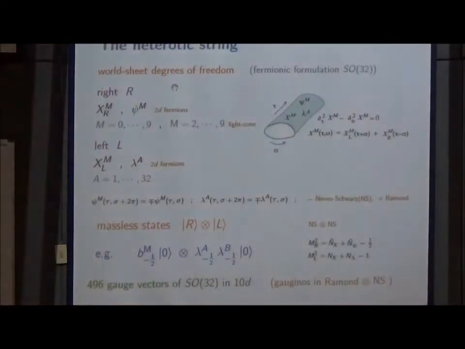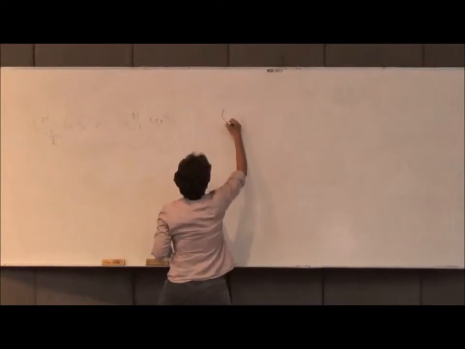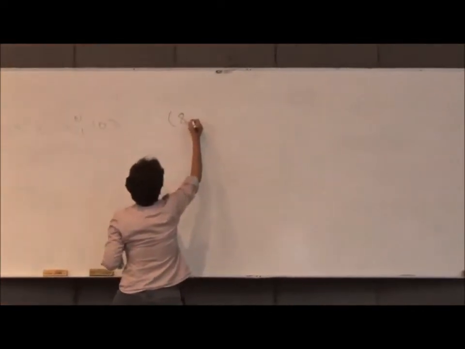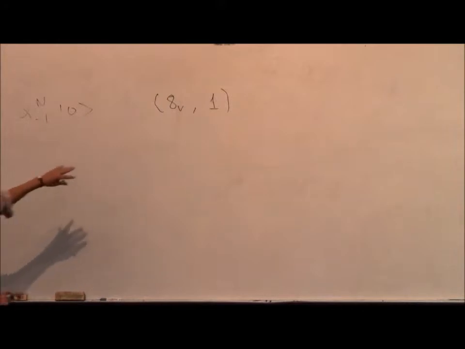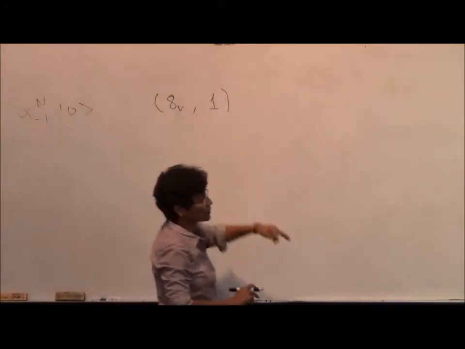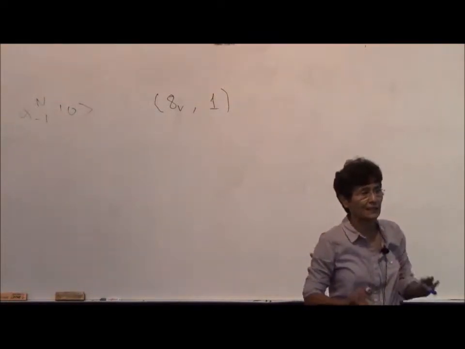And so what are we then getting? Okay. This state I will denote as a vector. And the 1 is because it does not transform under this representation. The state doesn't have any lambdas.